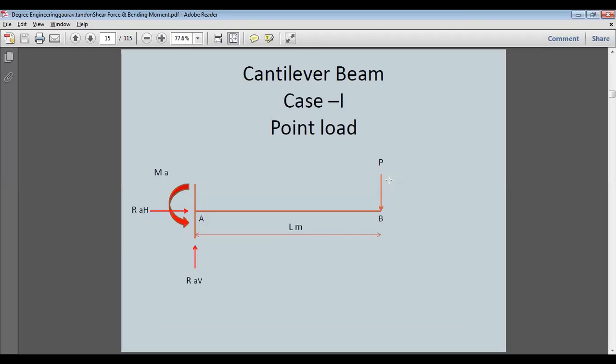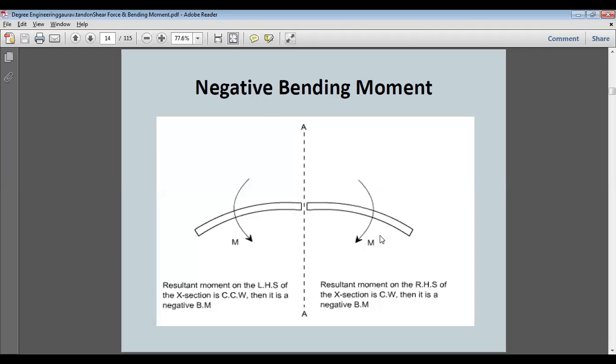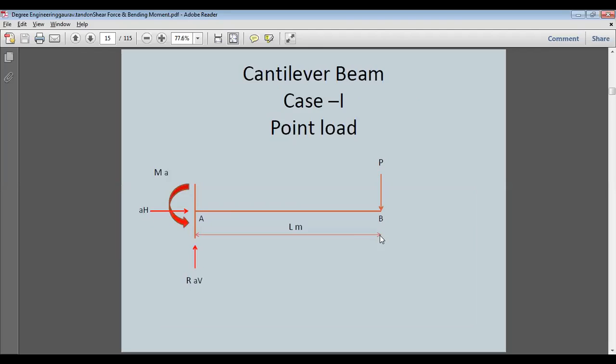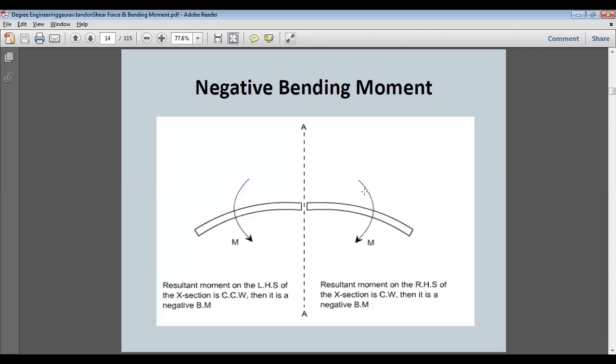So first we will take a cantilever beam, and in the cantilever beam we will load a point load. When we have a point load, the free end B will come down. So the free end will come down, the right side goes downwards, and so the bending moment will be negative.